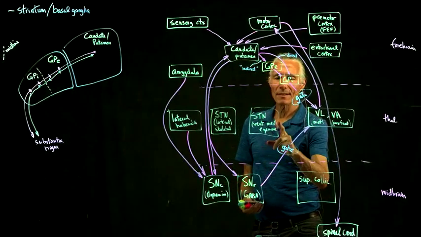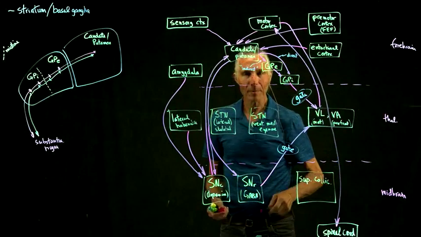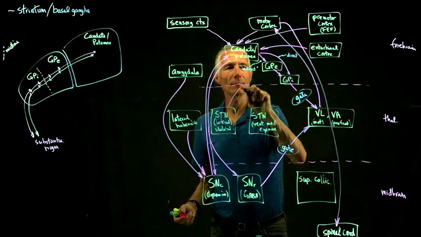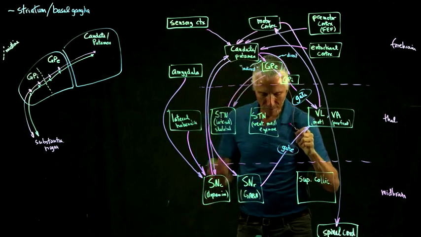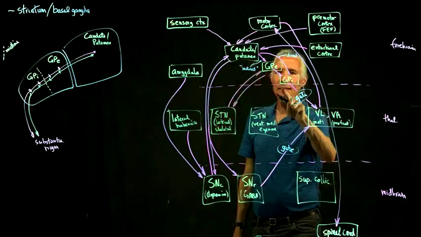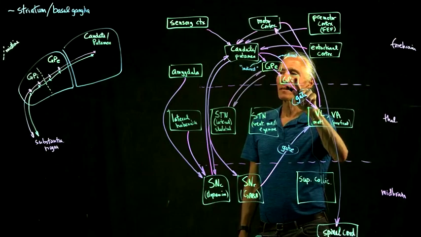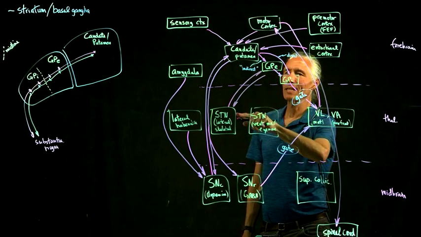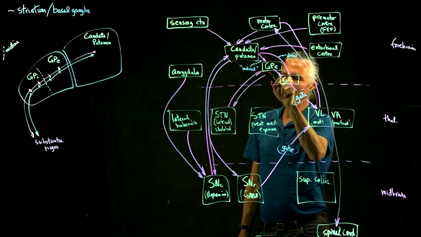And then we've got the subthalamic nucleus, which remember was hooked up back and forth to this external segment, but it doesn't have a projection to this globus pallidus internal segment. It's mainly involved in this indirect pathway.